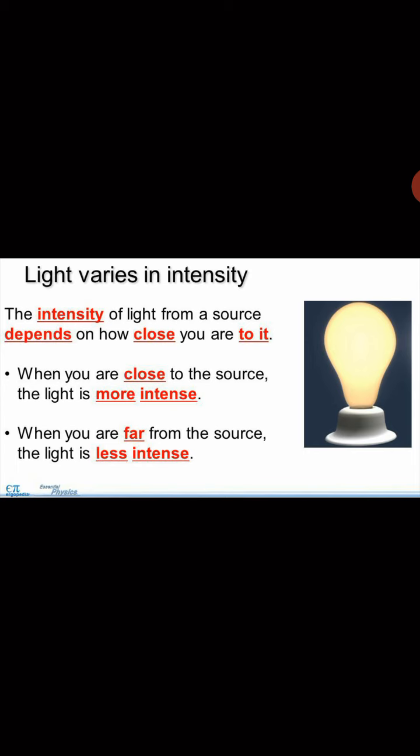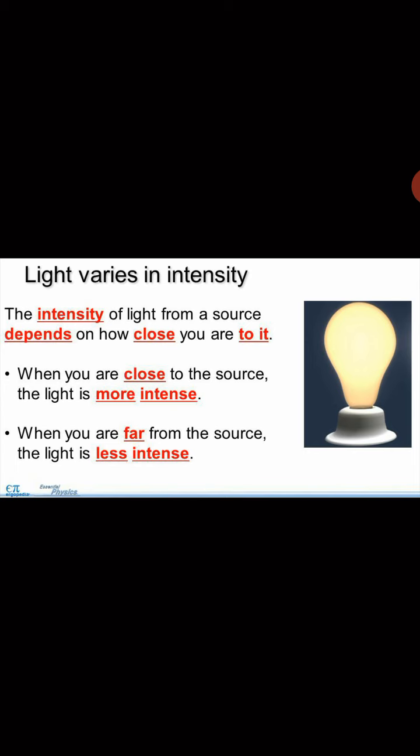Light varies in intensity. That means light can be brighter, light can be dull. If you take a source of light, as given in this image, let's take a bulb. If you are closer to the bulb, the intensity of light will be more, the brightness will be more.